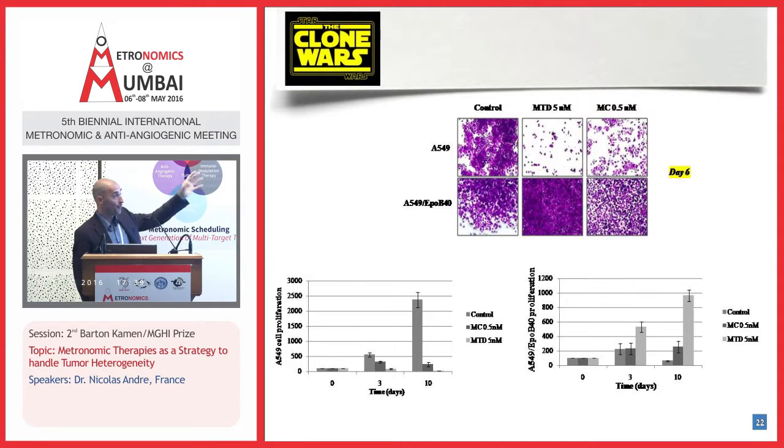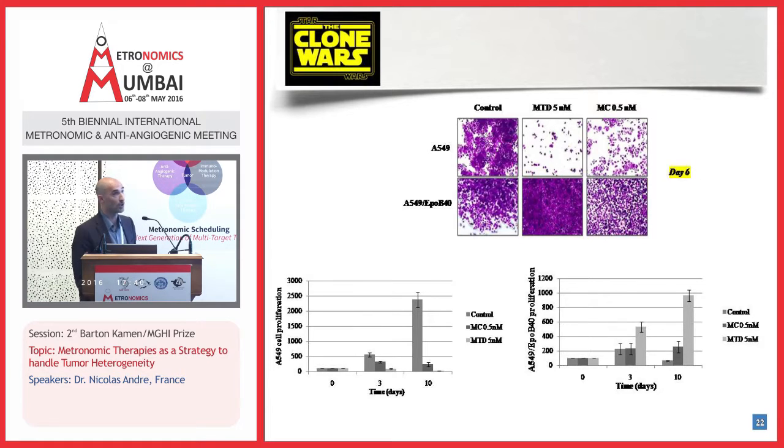If you do the same experiment in Transwell experiments to see if the mediated inhibition still works, this is what happened. If you don't treat, you see an increasing number of sensitive cells, but also a fairly high number of resistant clones.